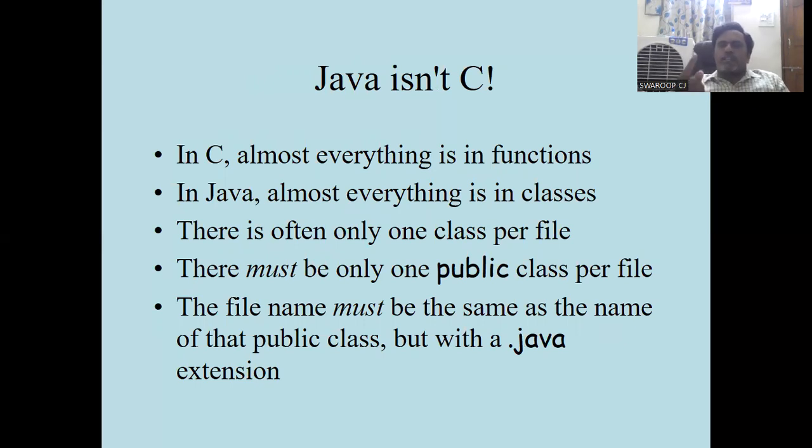That you should remember. There is often only one class per file. You must have at least one class per file. Without a class, there is no point of methods. If you want to create a file in Java, it must contain at least one class, and there must be only one public class per file. If my file has more than one class, one class is public and the remaining can be normal, non-public.